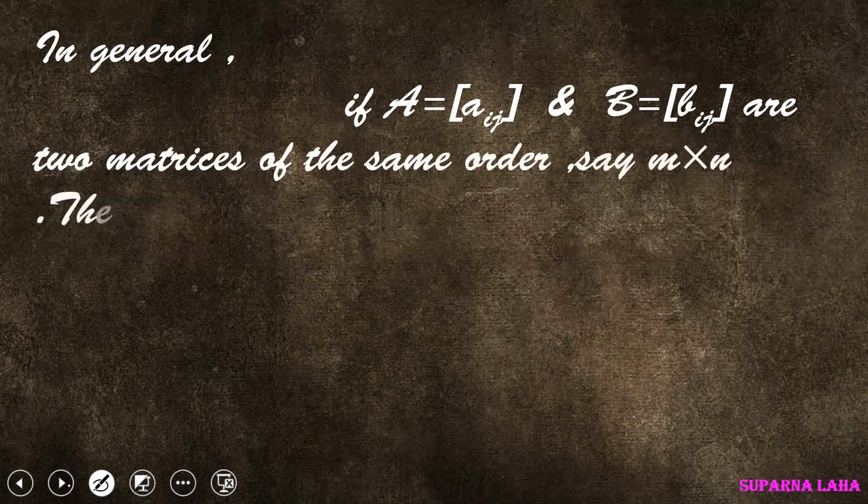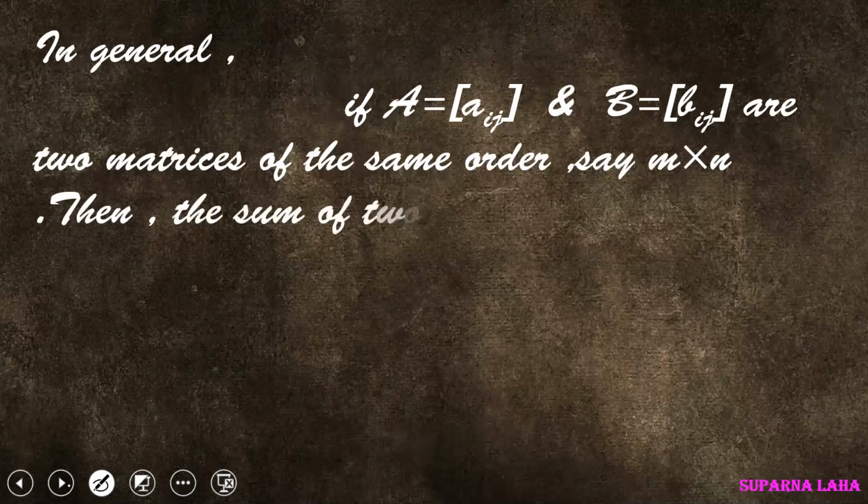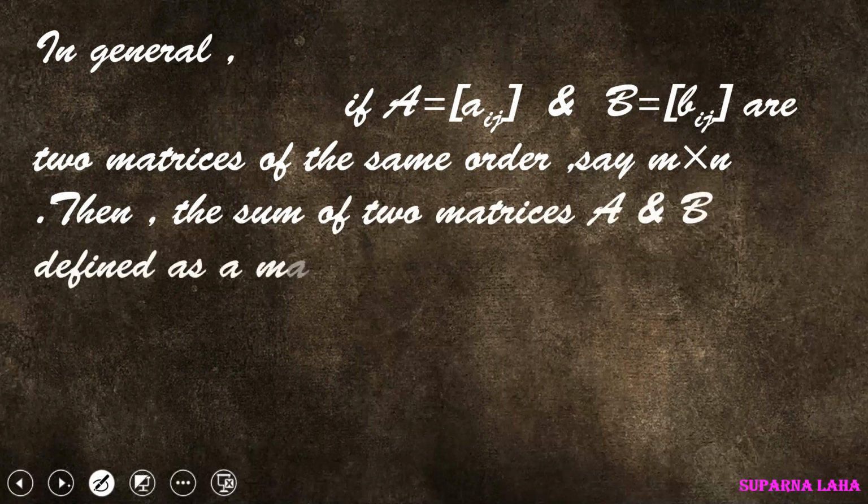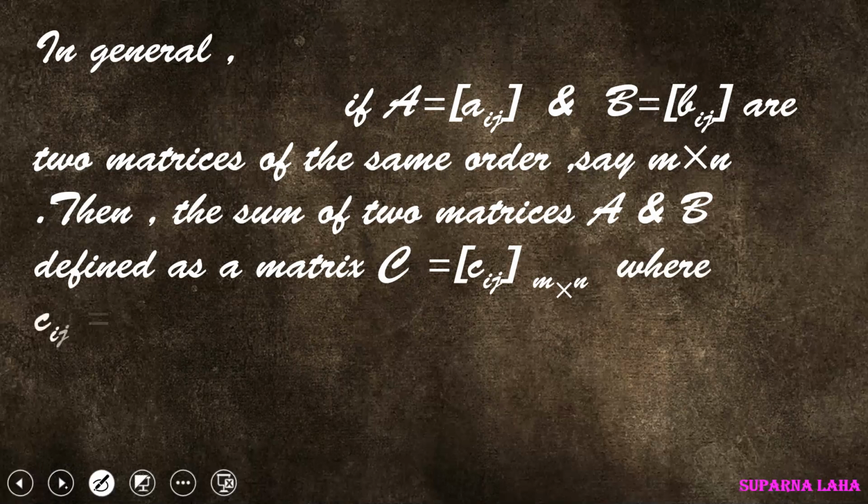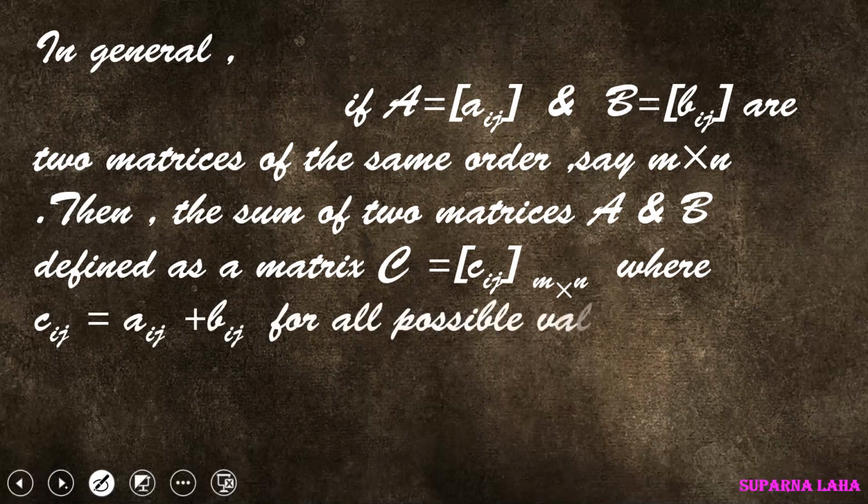Here I am taking their order as M cross N. Their sum is given by another matrix C with general representation Cij, of the same order M by N, where Cij is given by Aij plus Bij, that is, the addition of corresponding elements, for every possible i and j. These i and j depend upon the M and N order we are choosing.